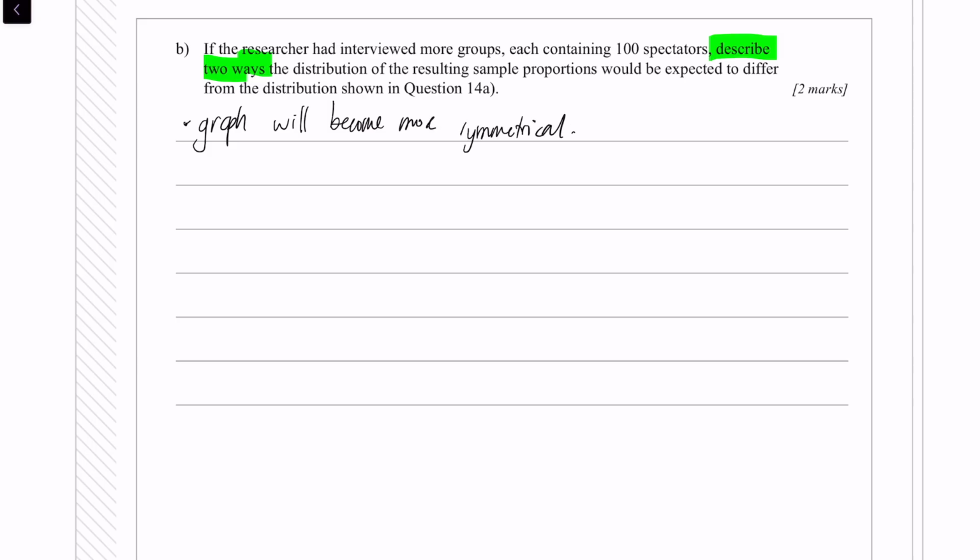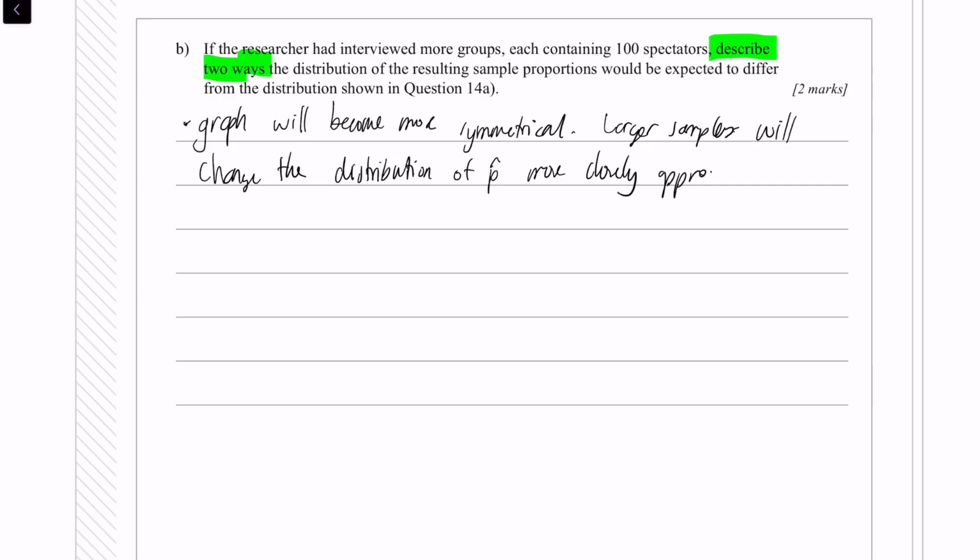And basically the reason for that is because larger samples will change the distribution of p hat, more closely approximating normality.